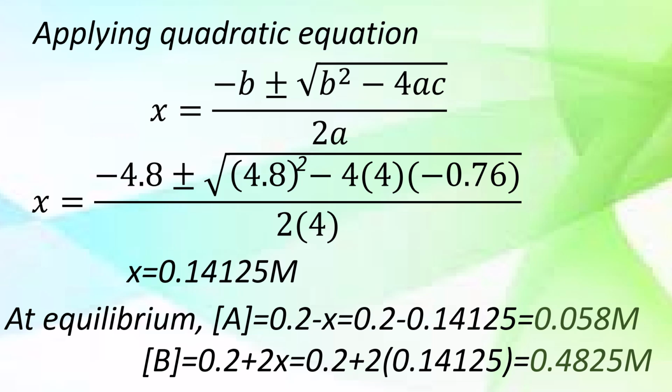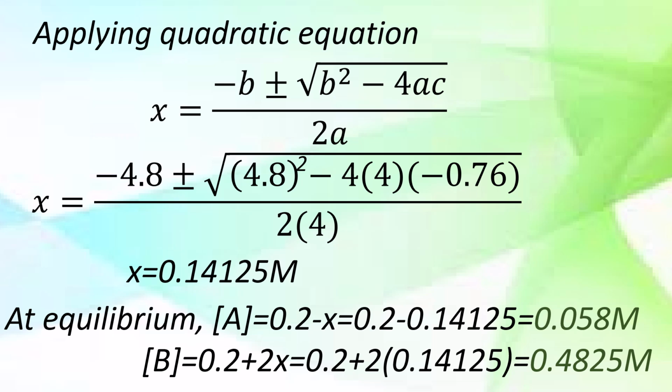We have calculated x. Now we have to calculate equilibrium concentrations of A and B. As I have discussed earlier, A is equal to 0.2 minus x, which is 0.2 minus, put the value of x, 0.14125, answer comes 0.058 molar.